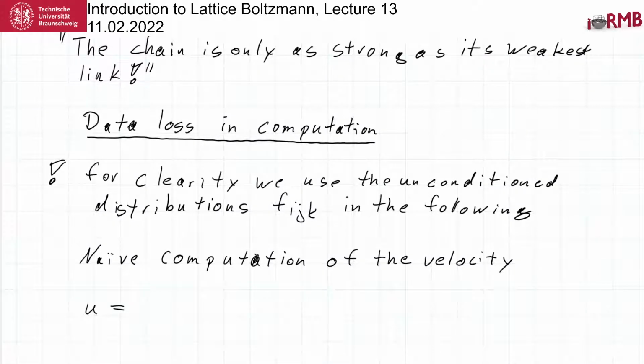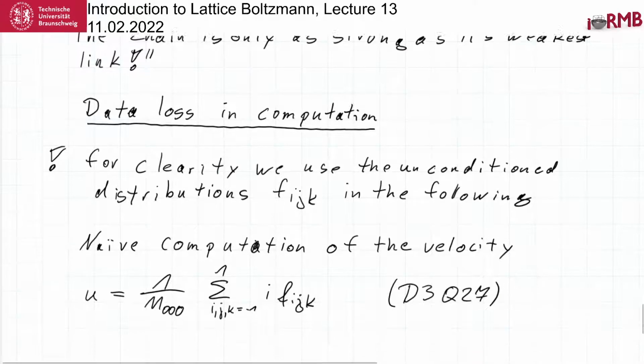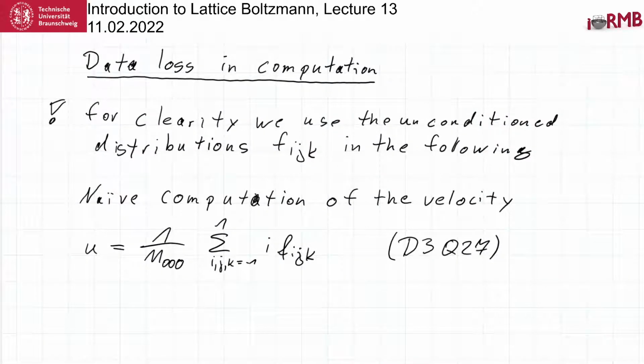So u is 1 over m0, so we have to normalize this, and here it goes for ijk from -1 to 1 into ifijk. So this would be, of course, we are assuming D3Q27 lattice. Okay, so this is the way we define velocity, and of course you can simply use this definition and implement this in your code, which would make sense in a sense.